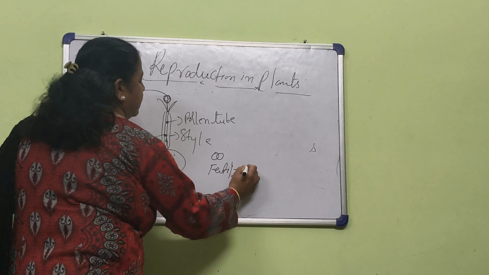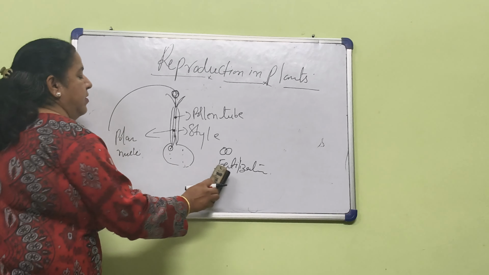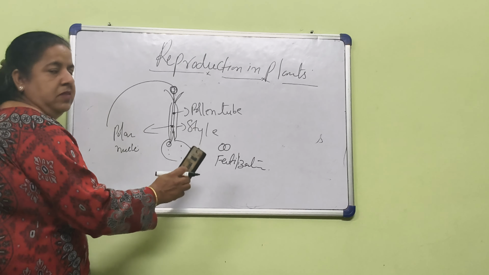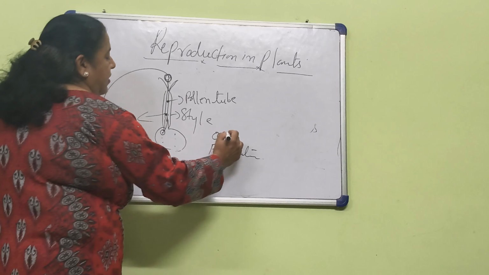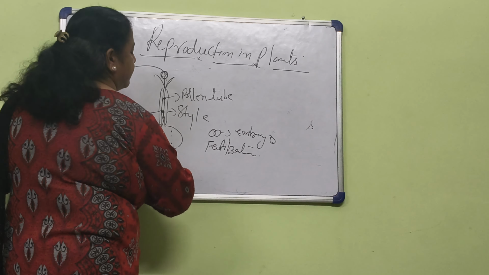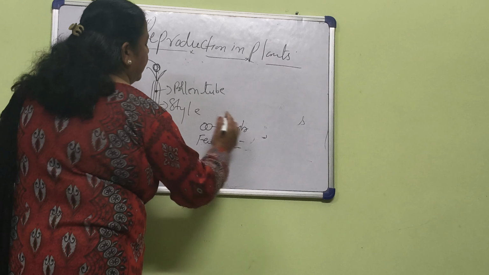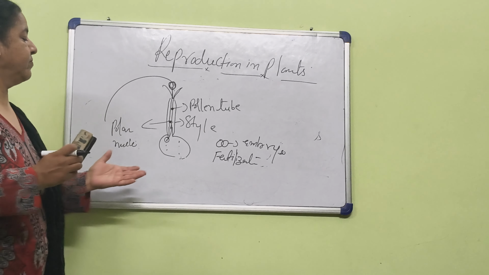Okay, fertilization. Female gamete and male gamete form the zygote. So after zygote formation, it will convert into an embryo. Clear for you? It converts into an embryo, and after that a small seedling will form.